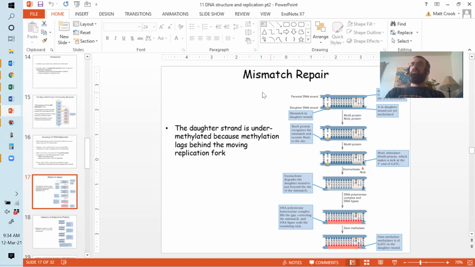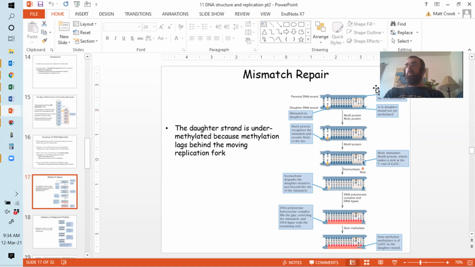The enzymes then recognize the daughter strand as the one that is not methylated or is undermethylated, because otherwise you'd end up taking out the bit of DNA from the parental strand, the template, thinking that that was the error. There's no other way of telling which is the new one once methylation has proceeded.